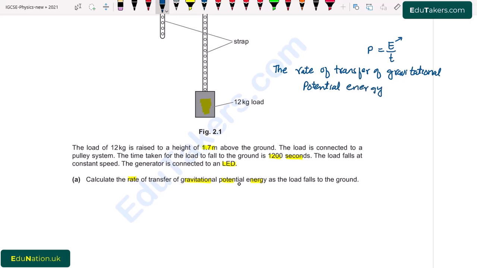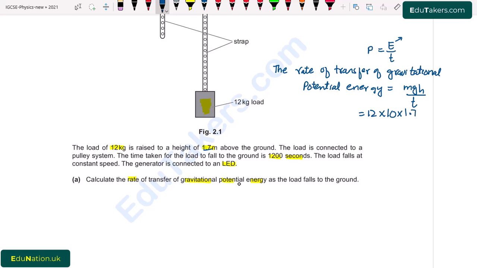is equal to mgh over t. Here mgh is the gravitational potential energy. Here mass is given, that is 12 kg. So I write here 12 multiplied by the value of g, 10 meters per second squared, that is the acceleration due to gravity, and the height is given, 1.7 meters.